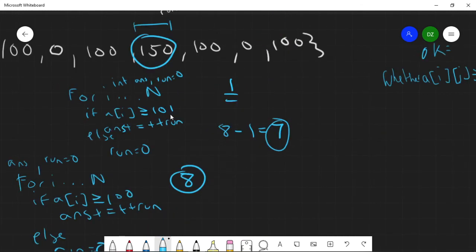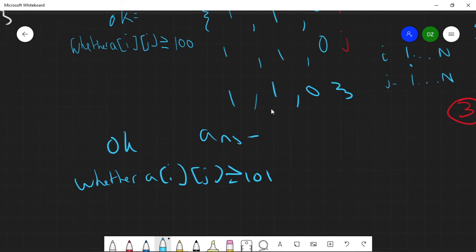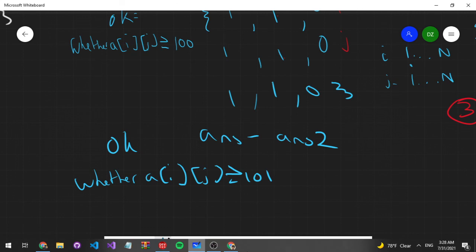It's for complementary counting, and we'll change OK to whether a[i][j] is greater than 101, and then subtract that from the answer to answer 2. Answer 2 would be the same formula, but whether OK is a different form.